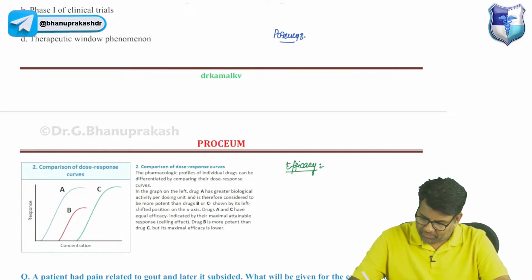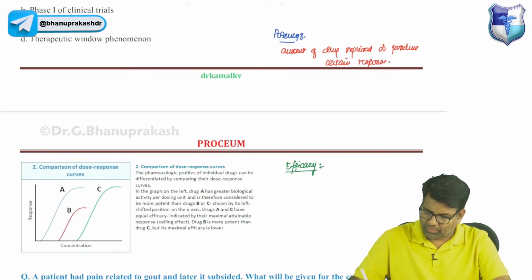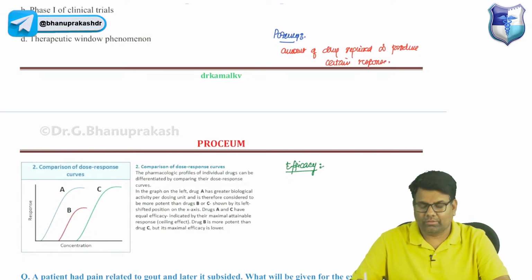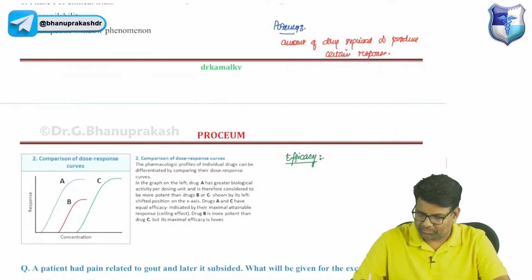Now, potency is the amount of drug required to produce certain response. So it is the amount of drug which is required to produce certain desired response.